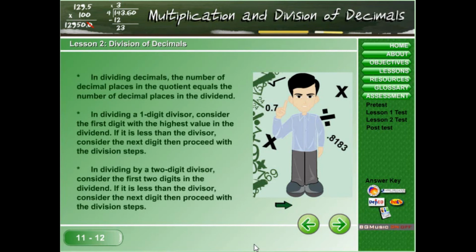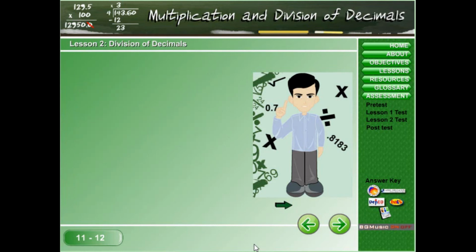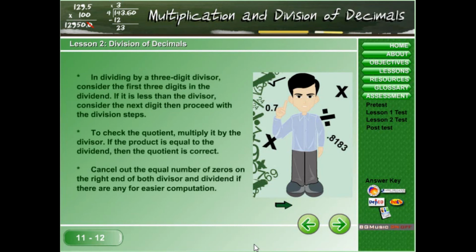In dividing by a two-digit divisor, consider the first two digits in the dividend. If it is less than the divisor, consider the next digit, then proceed with the division steps. In dividing by a three-digit divisor, consider the first three digits in the dividend. If it is less than the divisor, consider the next digit, then proceed with the division steps.